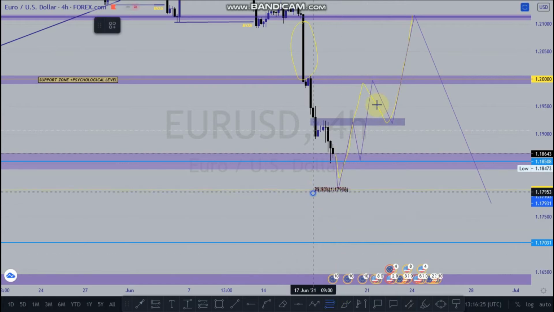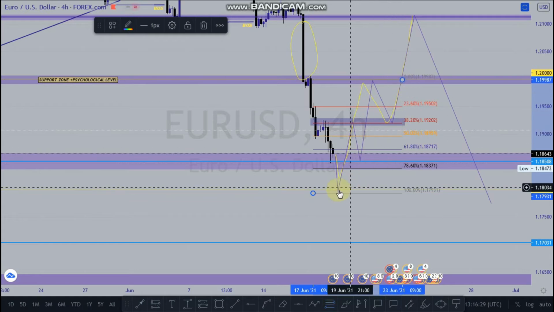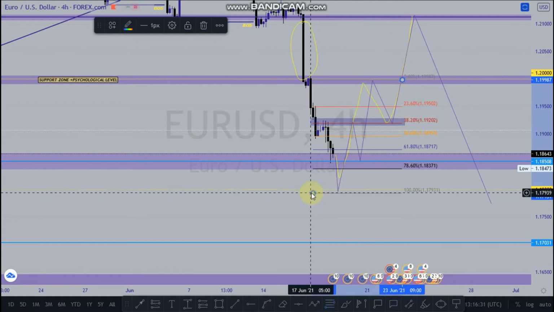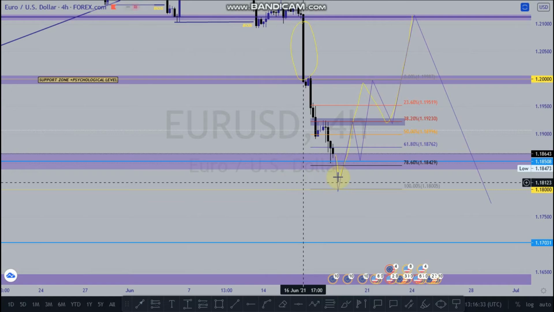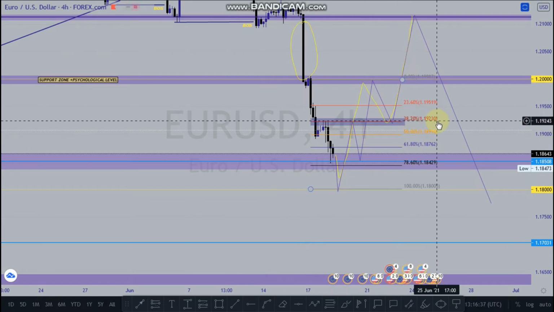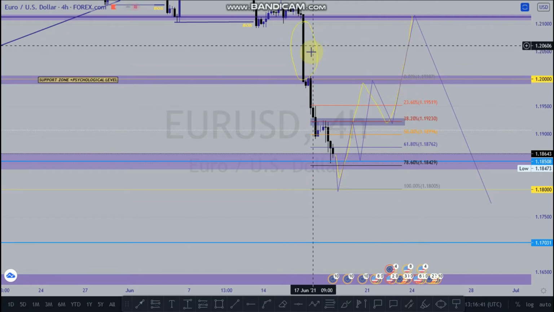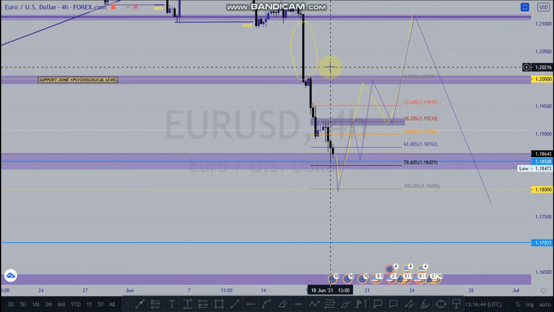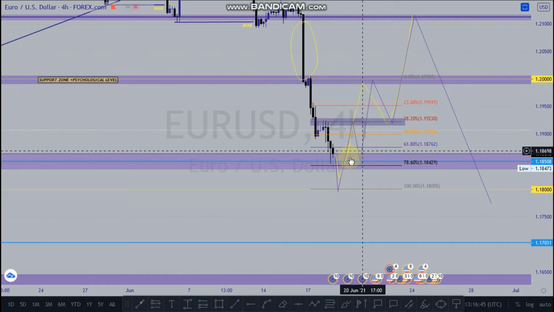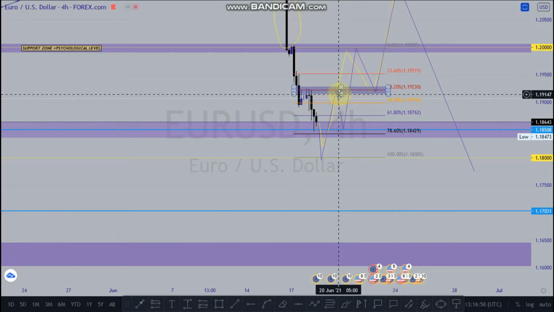If it traces back maybe 65% or 50% level, you can see it gets the 28.20 level. That is when I'll be looking forward to go long to target this level, because price has to fill this imbalance.